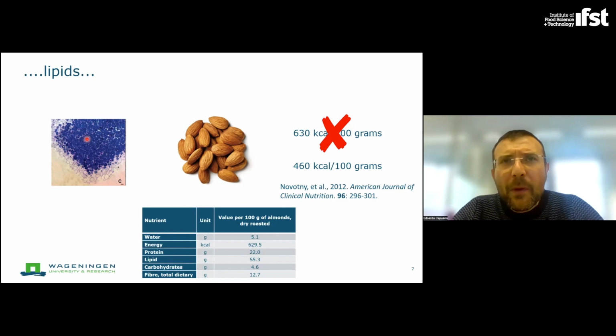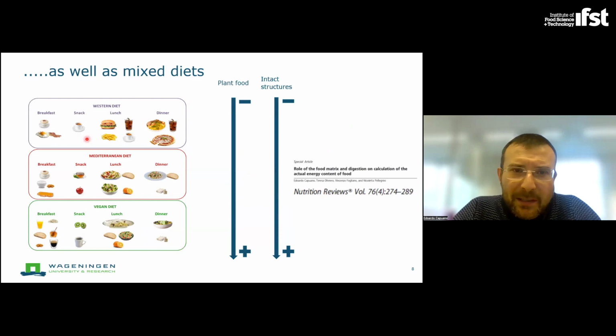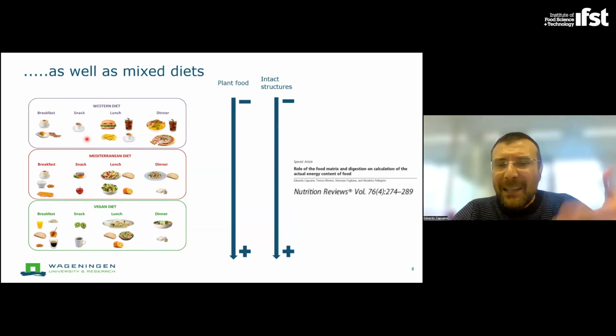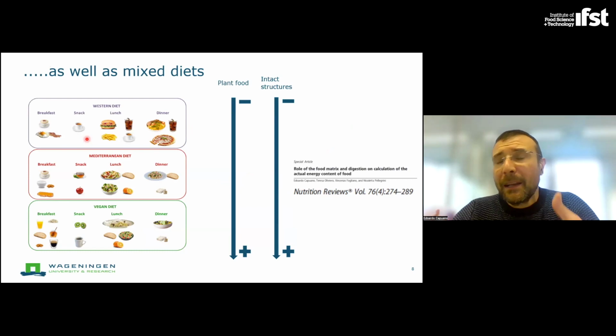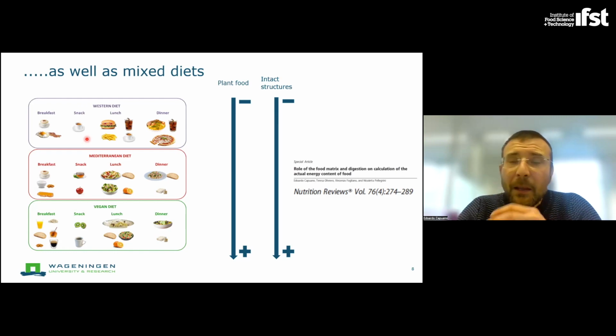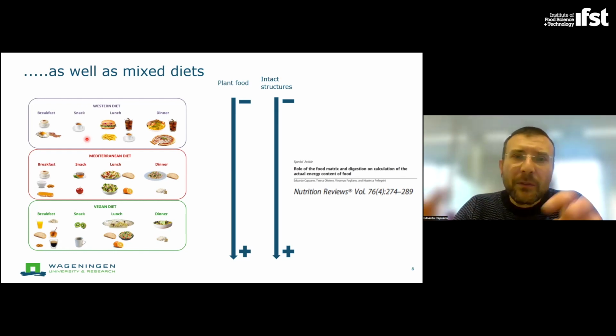And a few years ago, we were actually wondering whether this would also apply to mixed diets. And so we performed this study 5 years ago. It was a desk study. We designed 3 different diets. We call them Western, Mediterranean, and vegan diet, including different and increasing levels of plant food items or intact structures, meaning, for instance, cereals and legumes consumed as whole grains, fruit and vegetables, nuts.